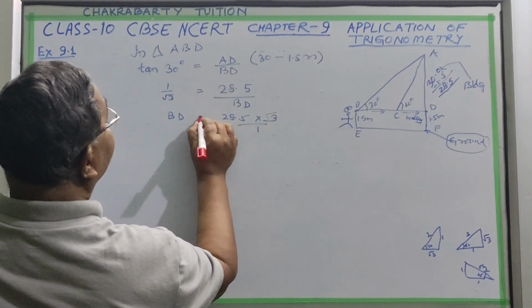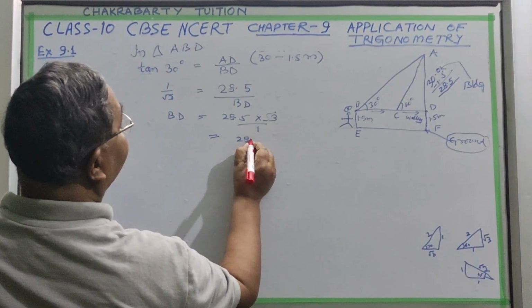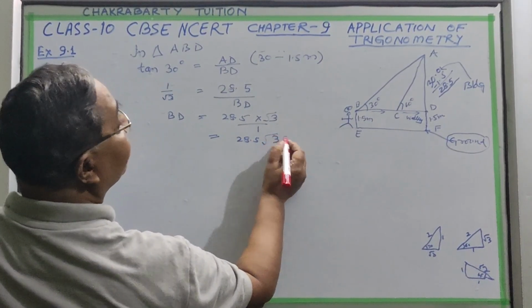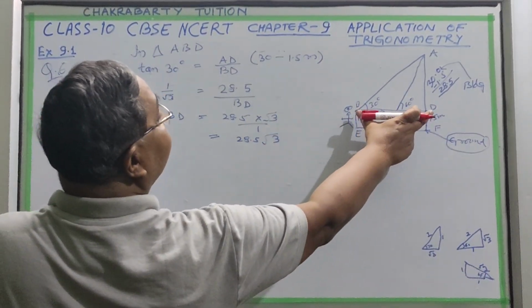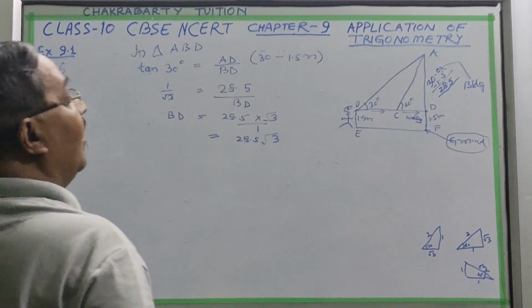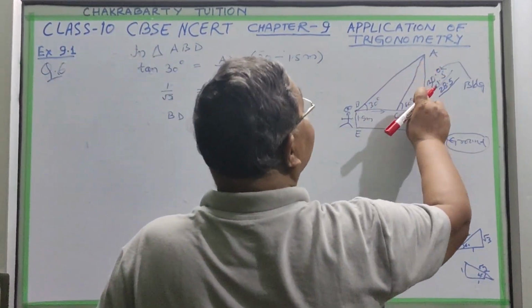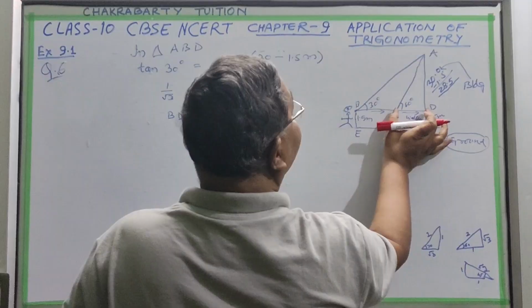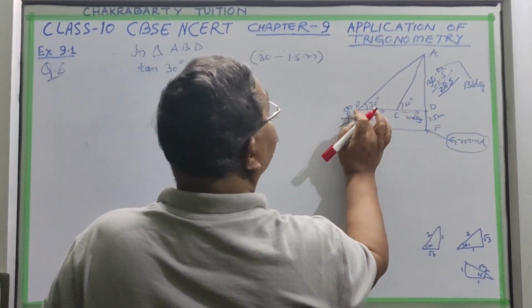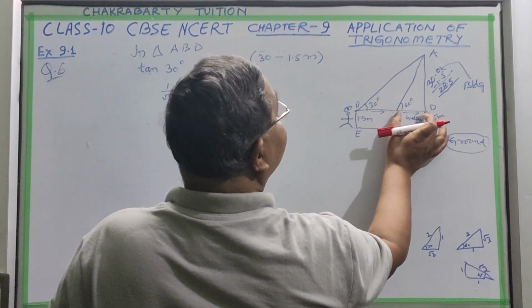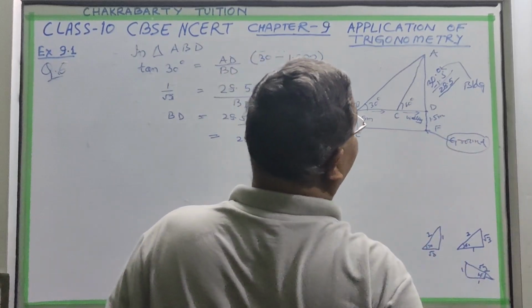So BD is equal to 28.5√3. So the full length BD is this much. Now we will find tan 60. This portion we will find, and from the total BD we will reduce CD, so it will come out how much he has walked.